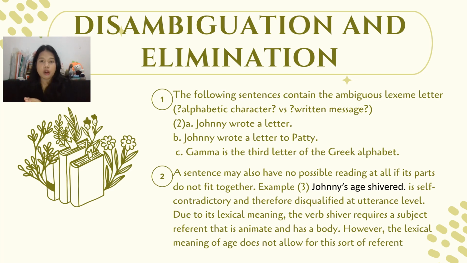It can be Johnny wrote a letter as an alphabetic character, or Johnny wrote a letter as a written message. So it has two readings because the word letter allows for both meanings, alphabetic character and written message.